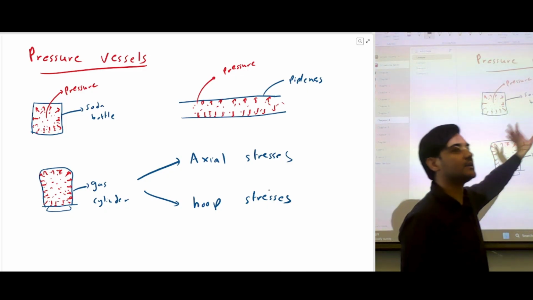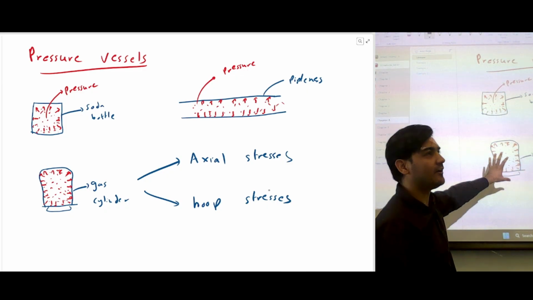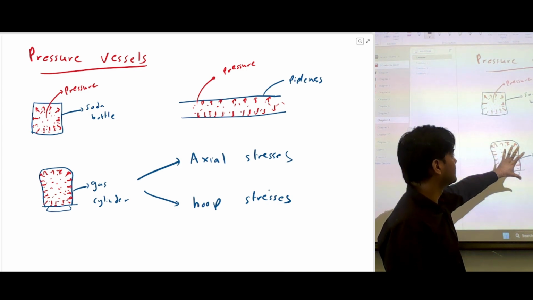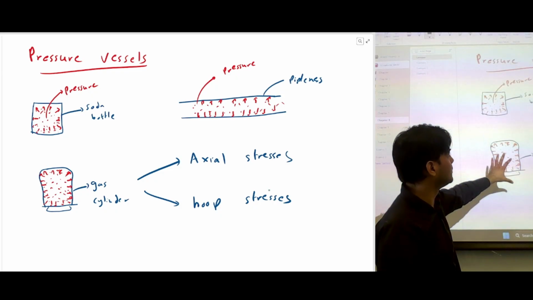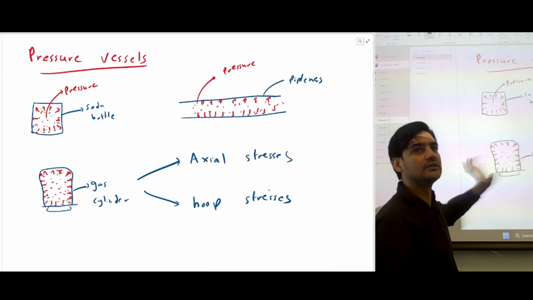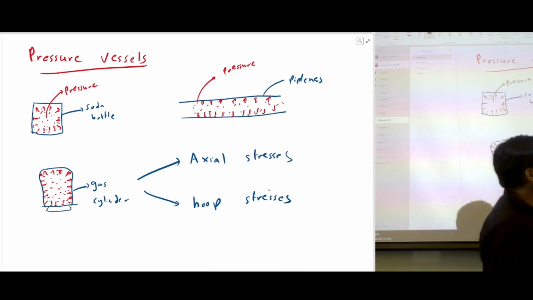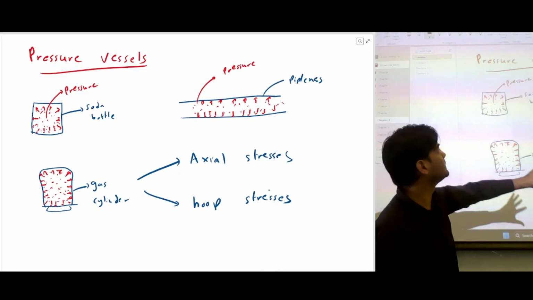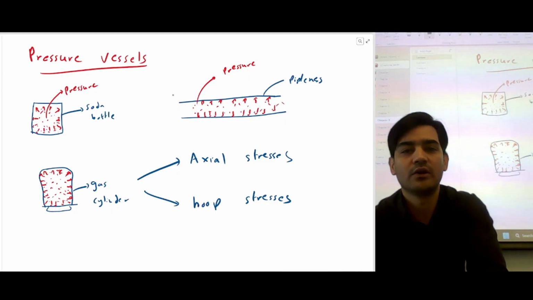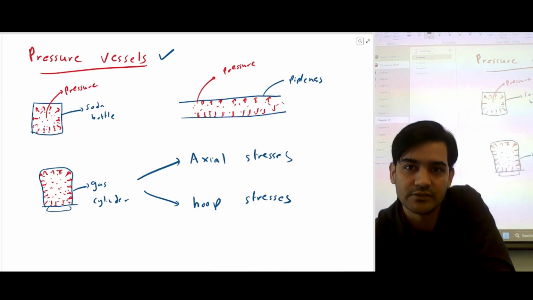So this is a special case wherever you have a pressurized gas acting as an external load, and this external load is going to cause two types of stresses, which are called axial stresses and hoop stresses. These types of members are called pressure vessels. We're going to talk about these scenarios in this chapter.